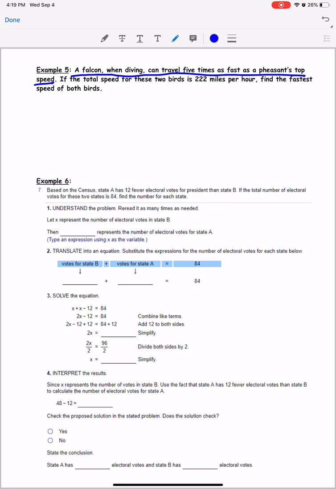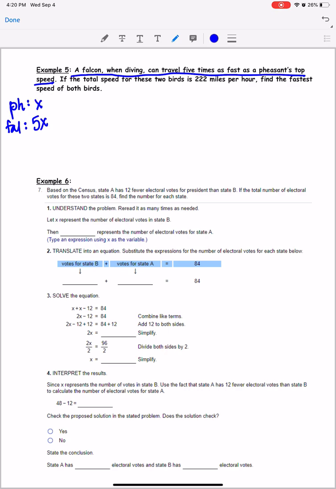Okay, again, usually the last thing is what you know nothing about. So that pheasant, that is my X. What I do know is that this falcon is 5 times as fast as that pheasant. So whatever this number is, we're multiplying it by 5. It's 5 times as fast.